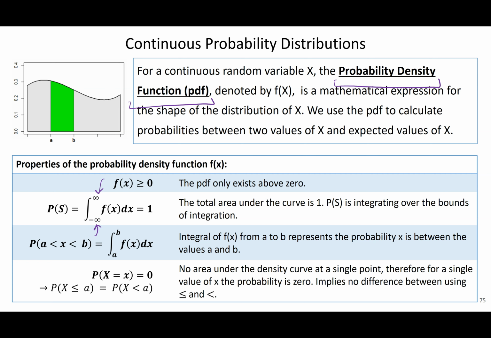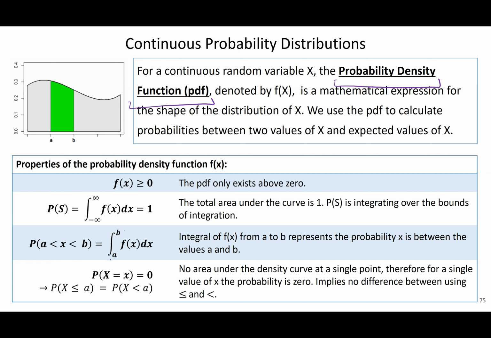If you take the integral of the PDF over the entire defined sample space, the area should equal 1. And if I want to know the probability that x is between a and b, you can just integrate from a to b.